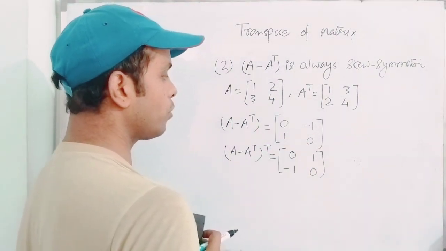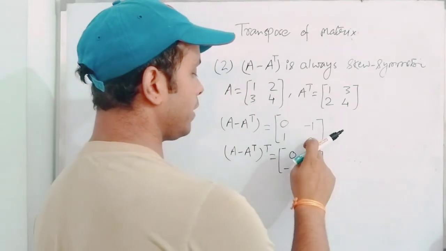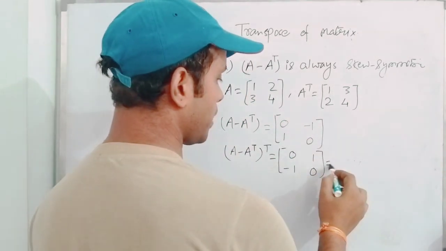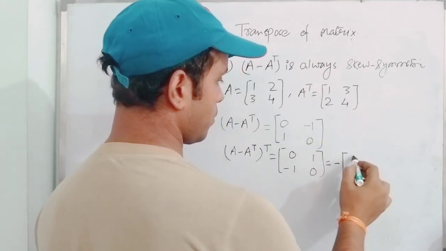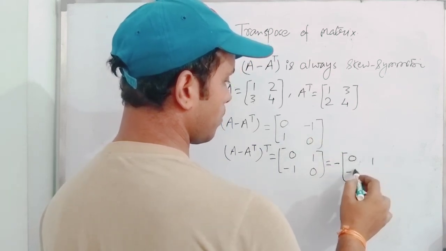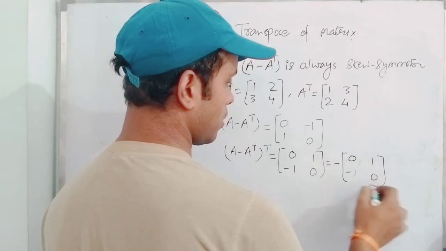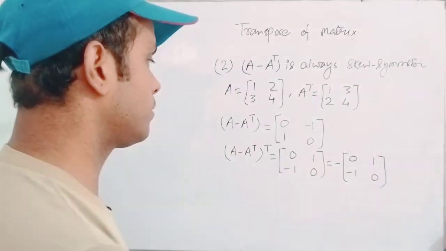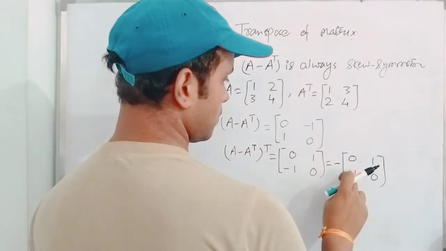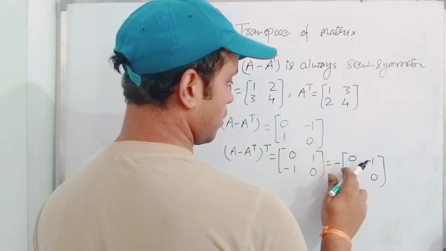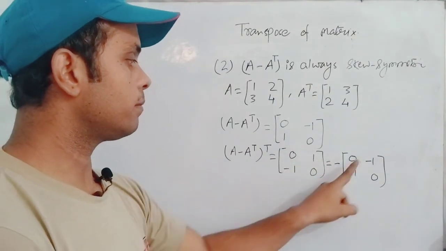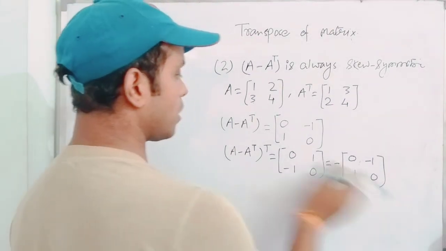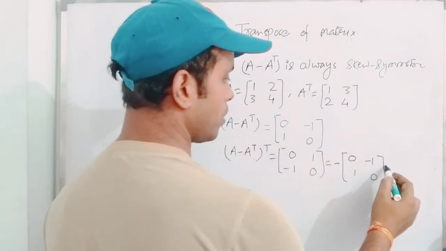So what to do? If you change all the signs here, then what do you obtain? Minus the matrix 0, 1, minus 1, 0. If you take a minus sign common here, then all the signs change, and this was A minus A transpose.